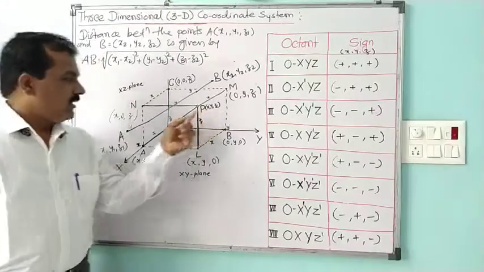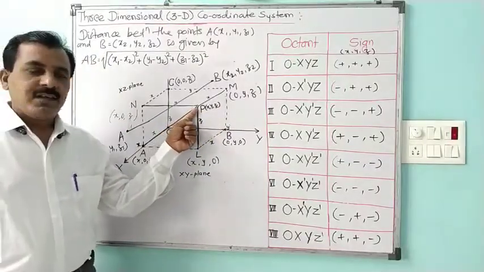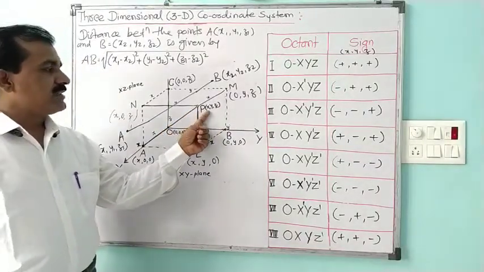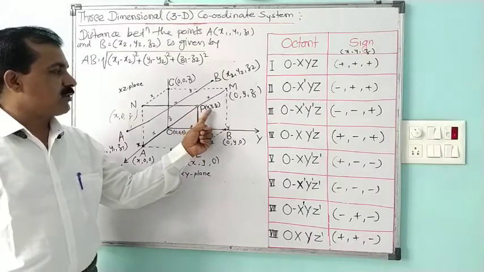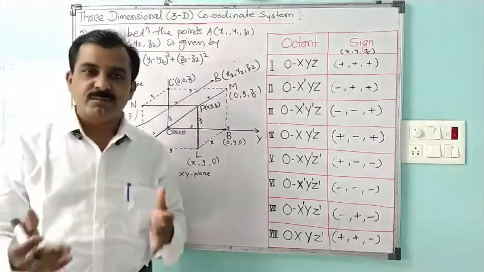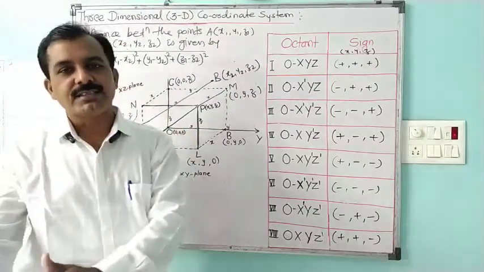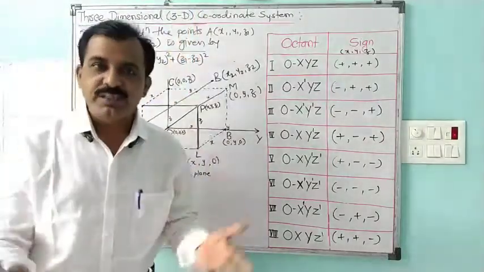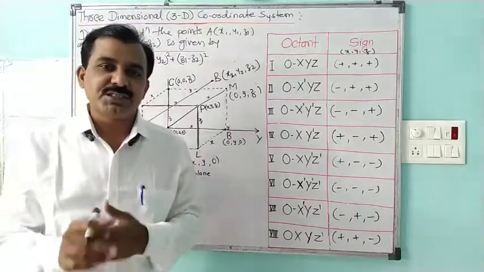Another distance: any point in space is given with coordinates. If I consider the point as x, y, z, and we want its distance from any axis, from the x-axis, y-axis or z-axis, it can also be evaluated using the distance formula.